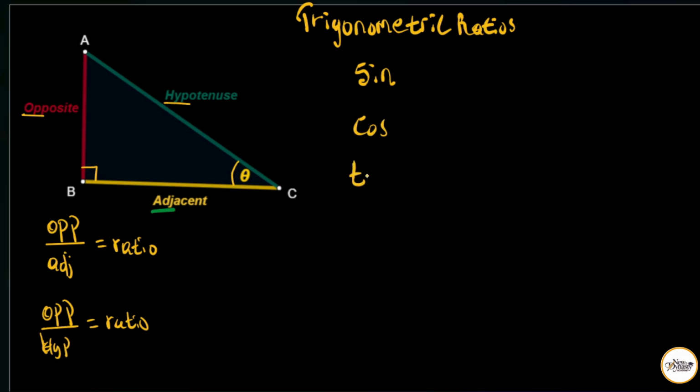the cos ratio, and the tan ratio. Now the ratios, they don't always go as they are written here, alone as sine, cos, and tan. They are always being attached to a specific angle.